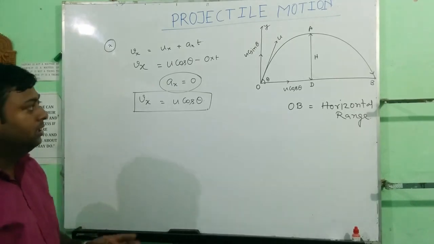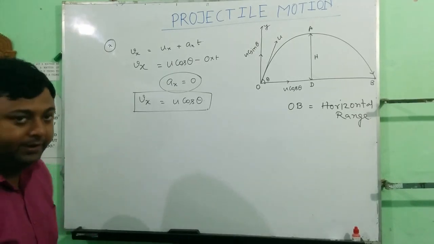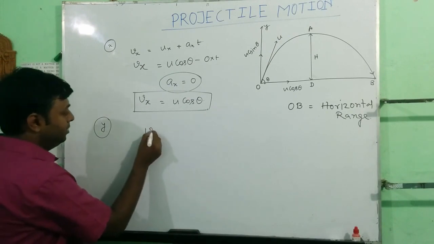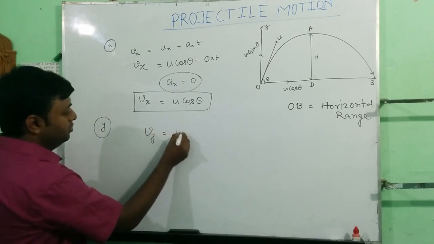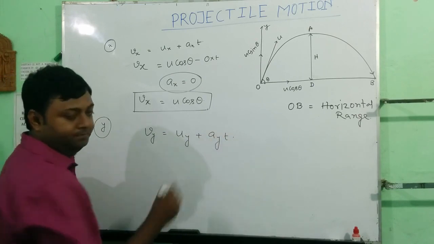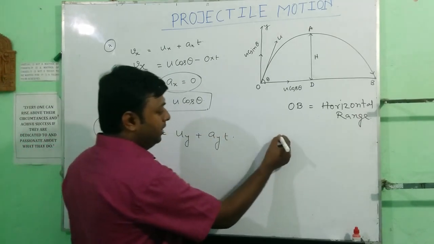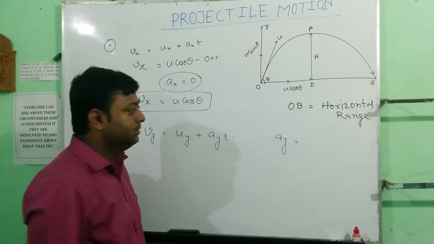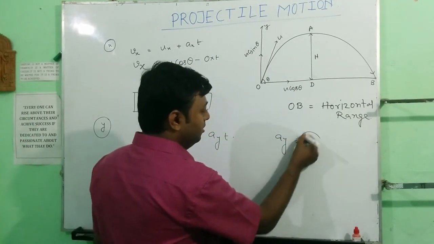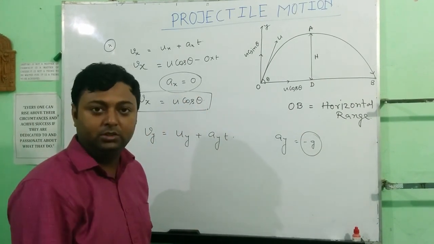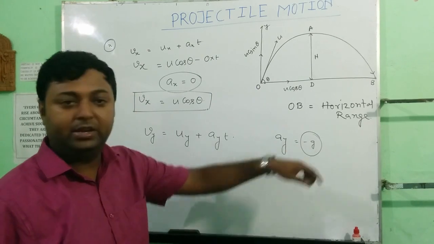When we discuss the y direction, Vy equals uy plus ay t. Now ay, the acceleration along the y direction, is minus g due to gravity. Downward acceleration g we take as minus g.